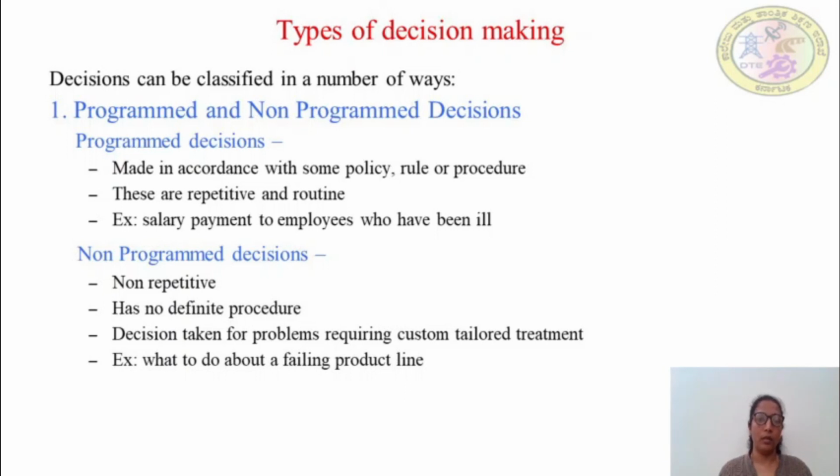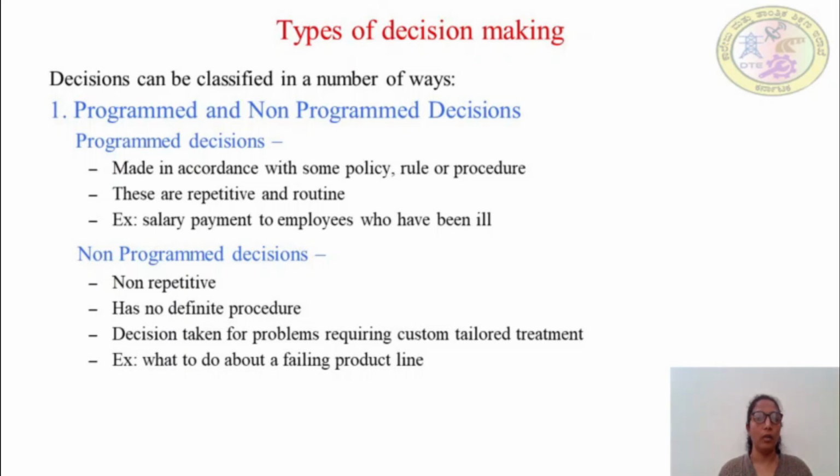For programmed decisions, clear cut rules exist, and hence it is not possible for two persons to reach different solutions for the same problem. In case of non programmed decisions, there are no clear cut rules for handling the problem. Each manager may bring his own personal beliefs, attitudes and judgments to bear on the decision.